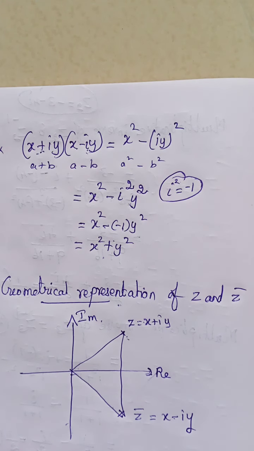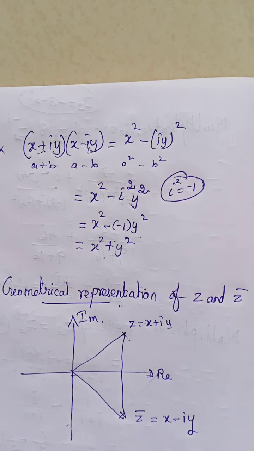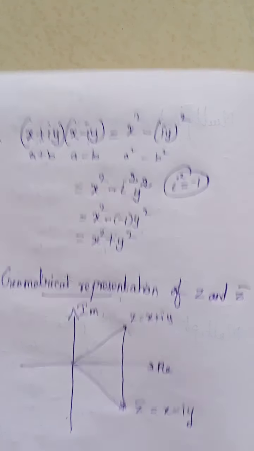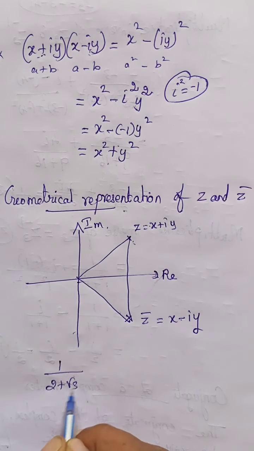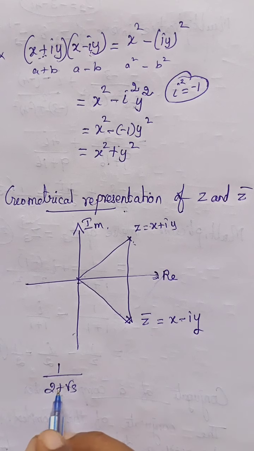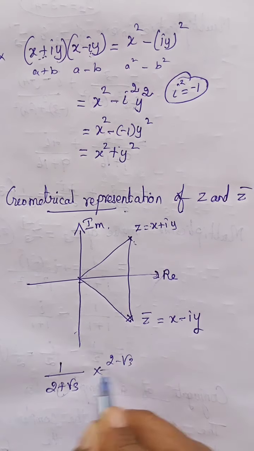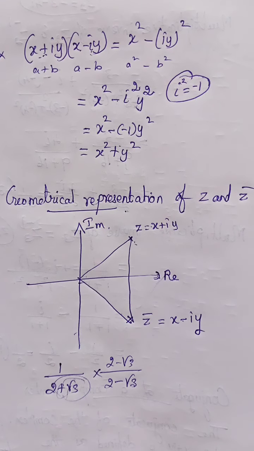This conjugate is always useful when we are dividing by a complex number, like rationalizing the denominator. Are you remembering? If it is 1 by 2 plus root 3, what do we do in order to rationalize? We take the conjugate, 2 minus root 3 by 2 minus root 3, in order to remove this root.